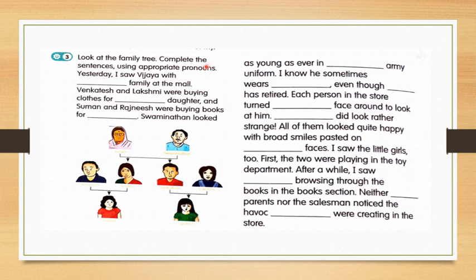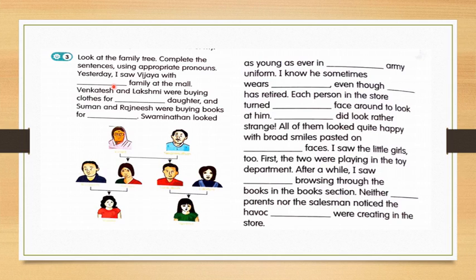Look at the family tree. Complete the sentences using appropriate pronouns. Yesterday I saw Vijaya with her family. Vijaya is a girl, that's why here I'm using the objective pronoun, her family.